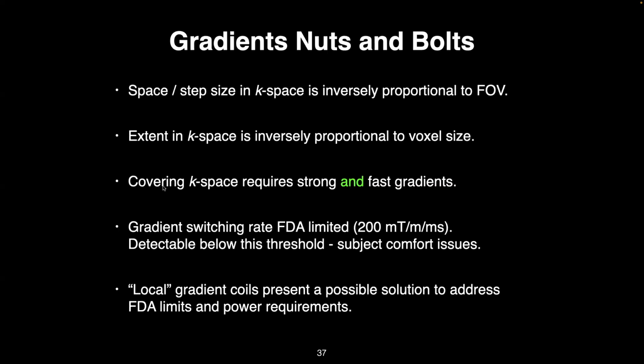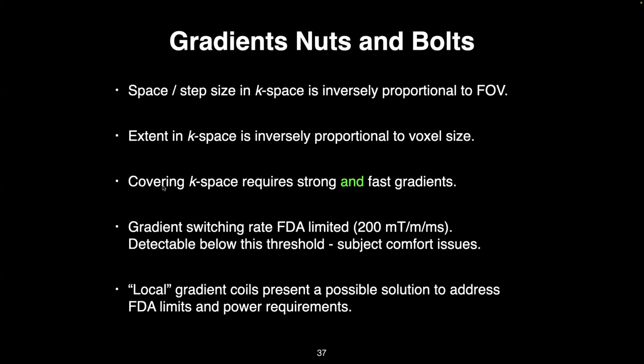And that means, from a practical point of view, when you're running your experiment, you either need to drive your gradients harder or faster or both. So you can start to get some idea now why these high resolution, high speed echoplanar imaging techniques, or high speed techniques using spiral, are so demanding on the system.